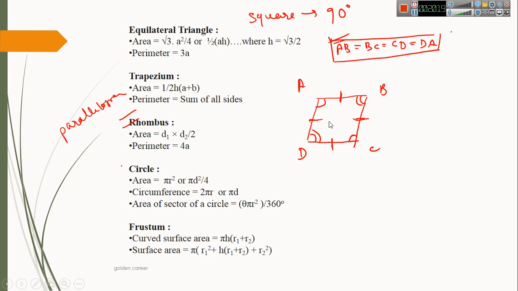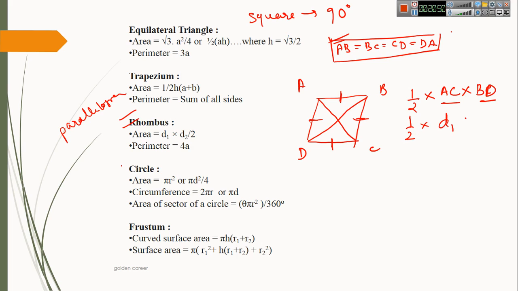So if we have any rhombus given and we know the diagonals of the rhombus, like for this rhombus we consider AC and BD, then area of the rhombus will be equal to half into AC into BD, where AC and BD are the diagonals of the rhombus.